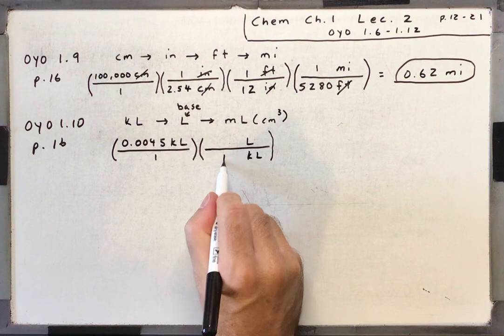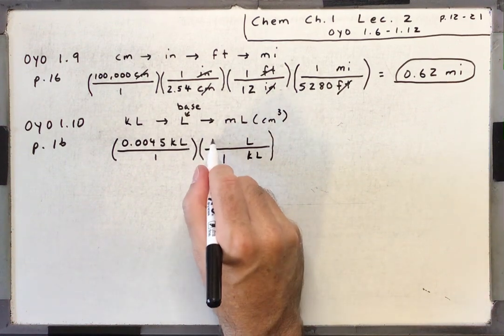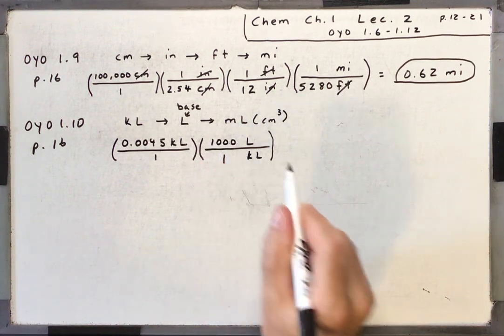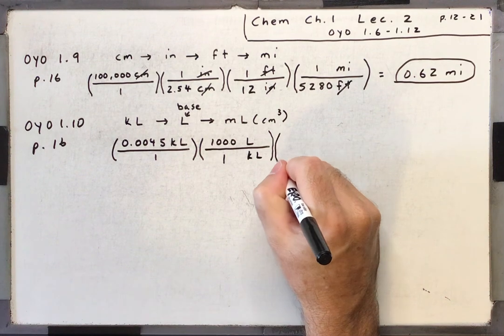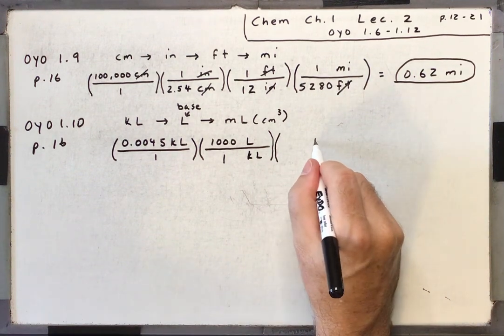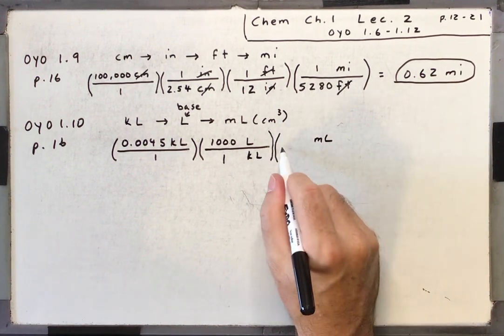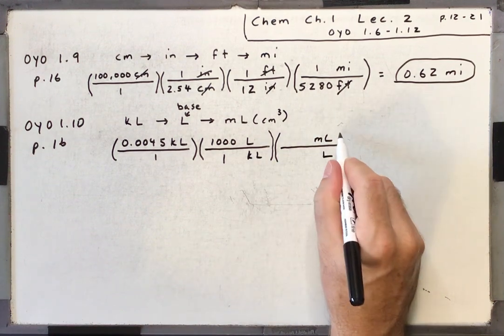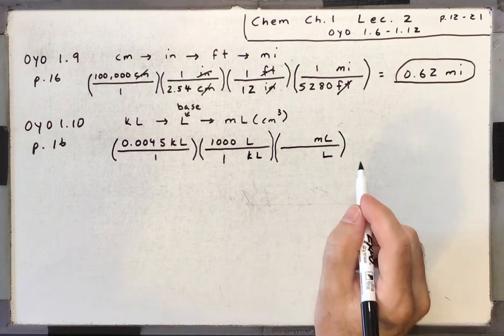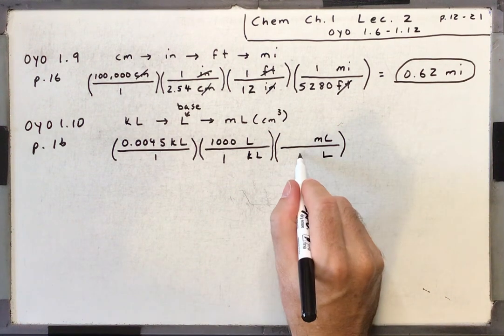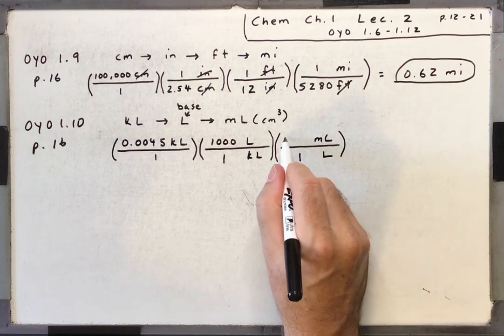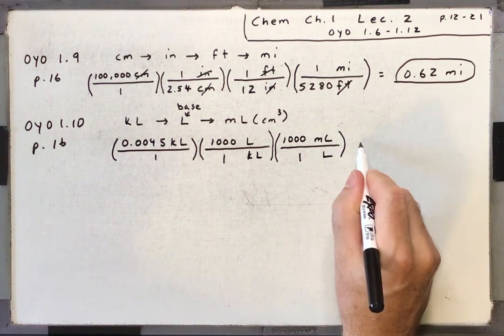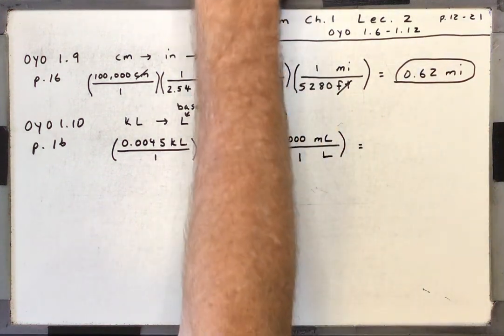A kiloliter is the bigger one, and there's 1,000 liters in a kiloliter. And then we're going to go to milliliters, which we know is just a cubic centimeter. And we want to cancel out liters, because that's where we're at now. A liter is bigger, so put the 1 by it, and there's 1,000 milliliters in a liter.